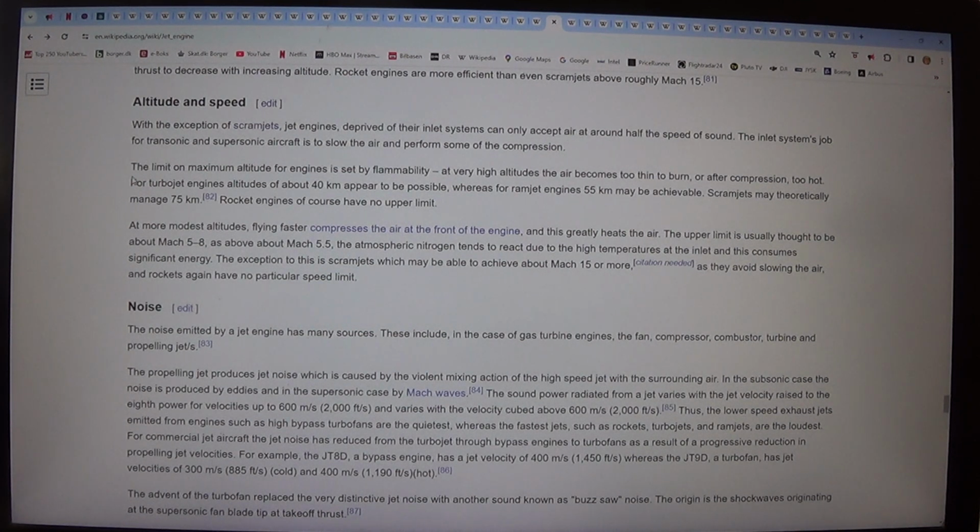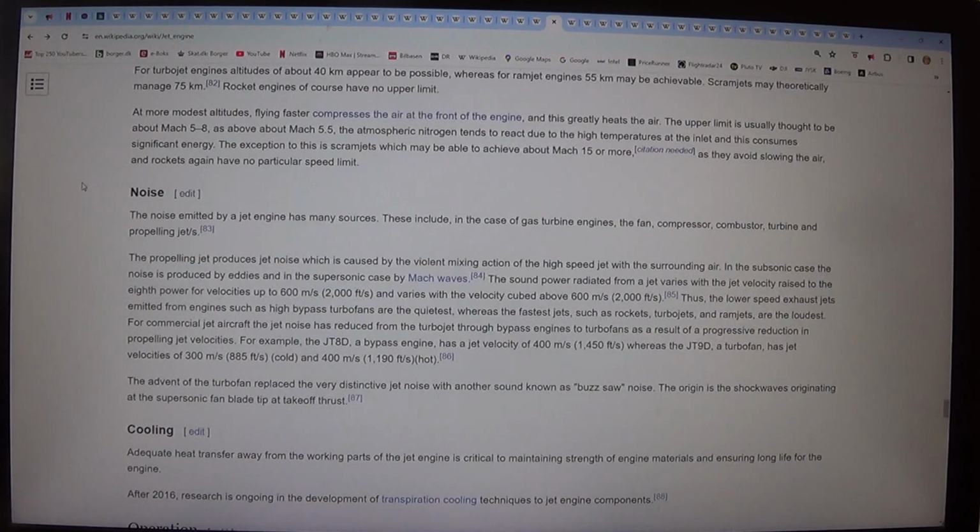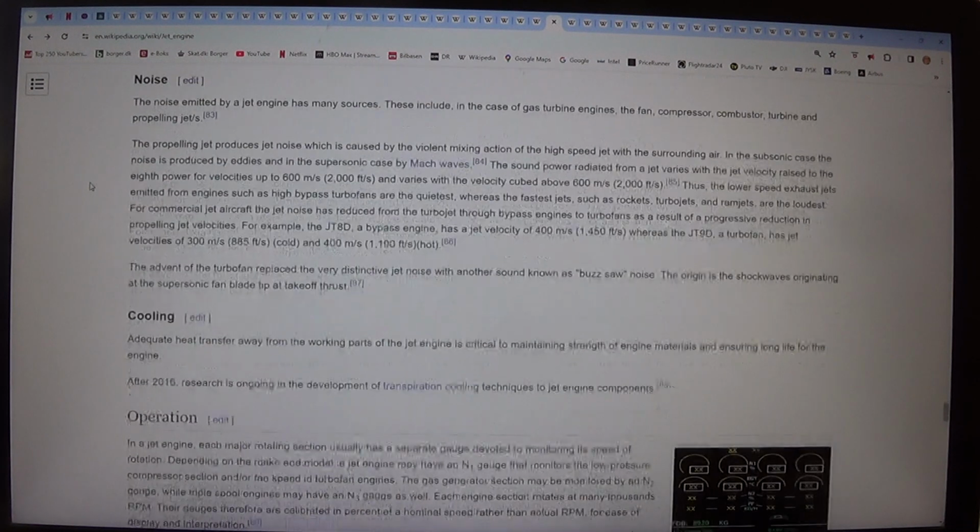In the subsonic case the noise is produced by eddies and in the supersonic case by Mach waves. The sound power radiated from a jet varies with the jet velocity raised to the 8th power for velocities up to 600 m/s (2000 ft/s), and varies with the velocity cubed above 600 m/s (2000 ft/s).